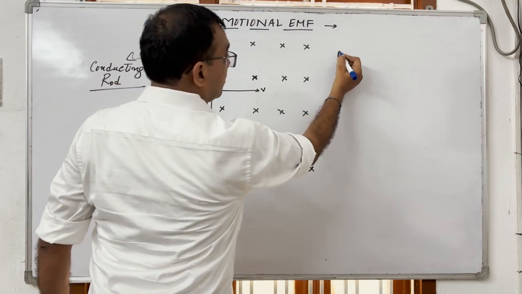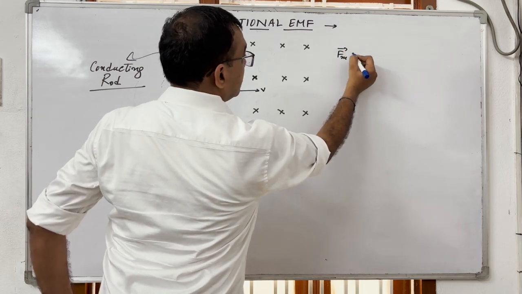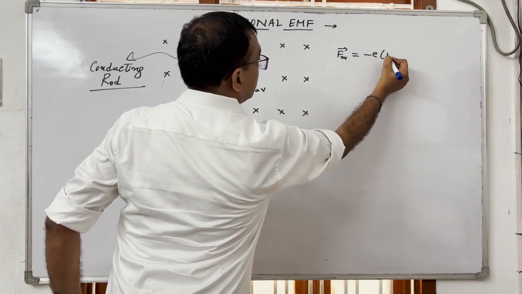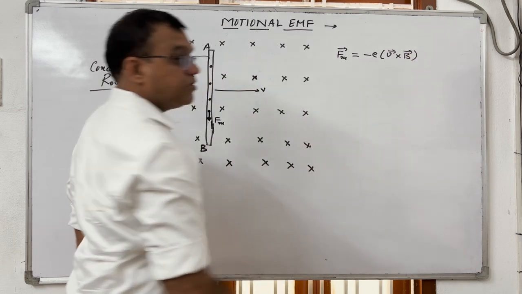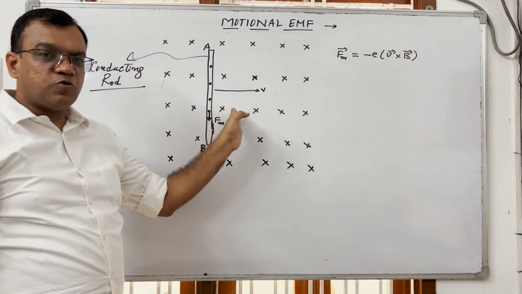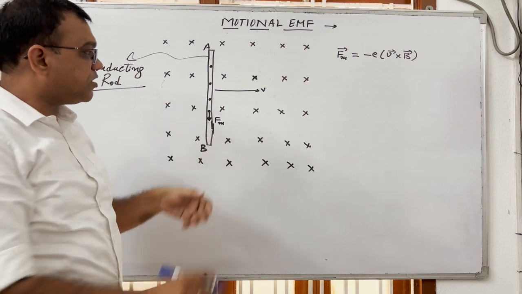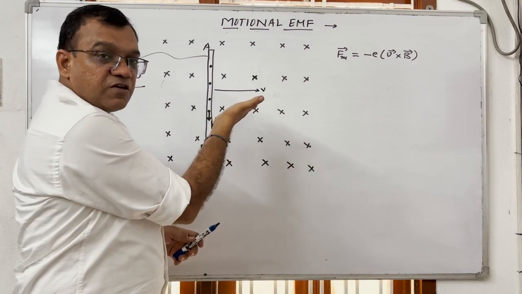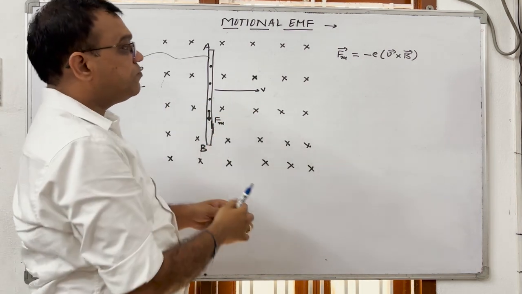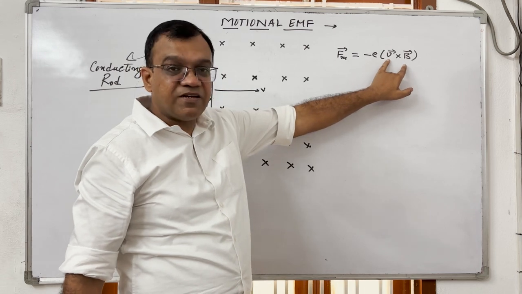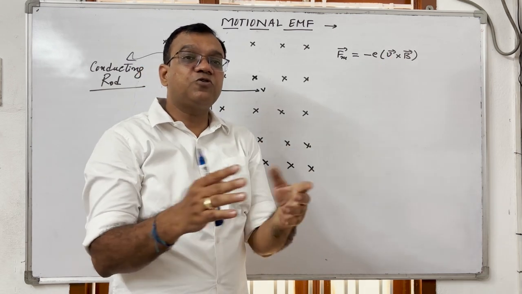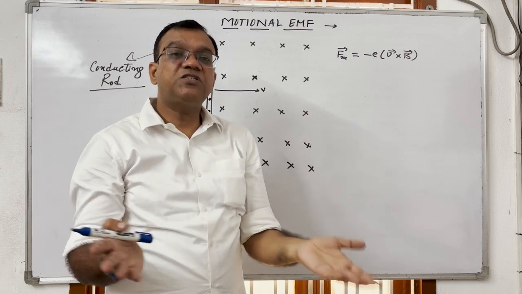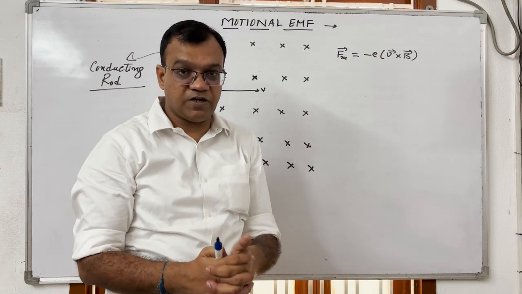And the value of Fm will be minus e V cross B. Even though for this particular situation the angle between the velocity vector and magnetic field is 90, so we can write it as VB sine theta only, I want to write it in vector form so that we have the expression which in general can be used anywhere.